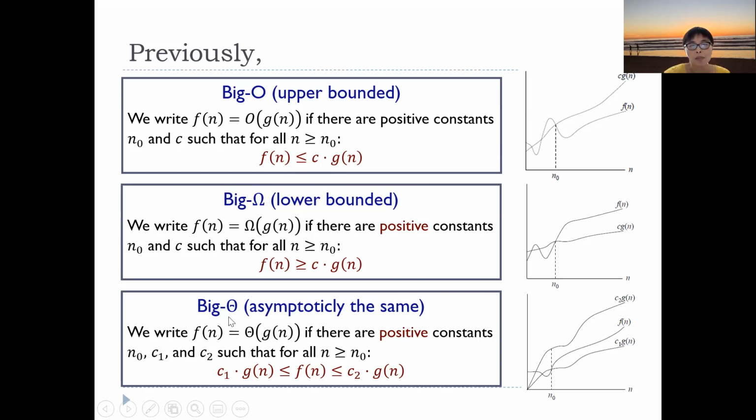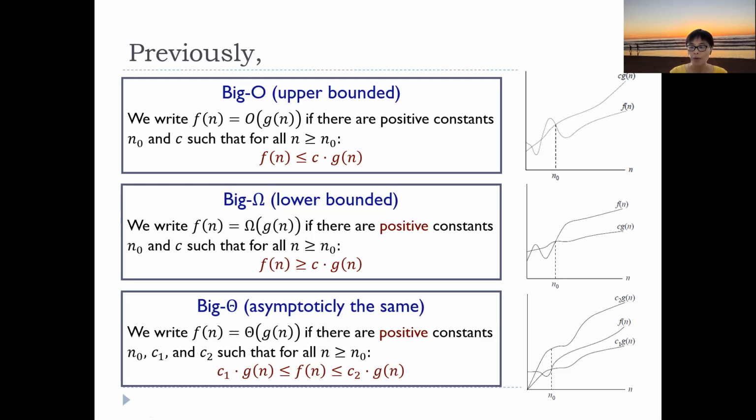Now, big theta means that both the upper and the lower bounds hold, namely, for n large enough, f of n is smaller than c2 times g of n, but bigger than c1 times g of n. So intuitively, this means that these two functions are equivalent up to a constant. They're of the same order, that's what we often say. They're asymptotically the same.